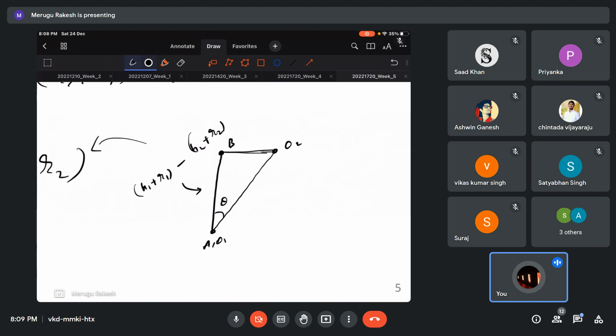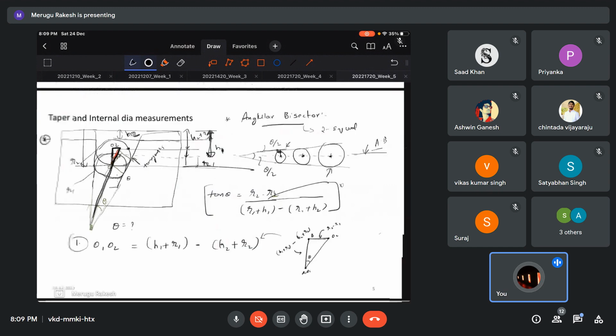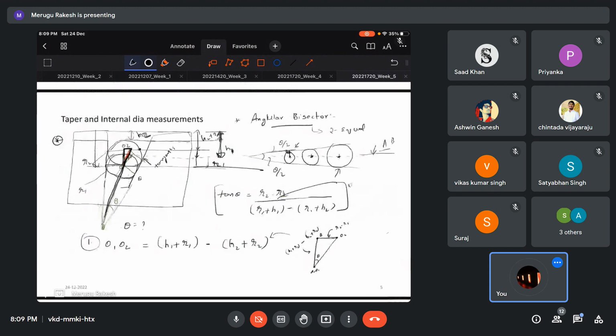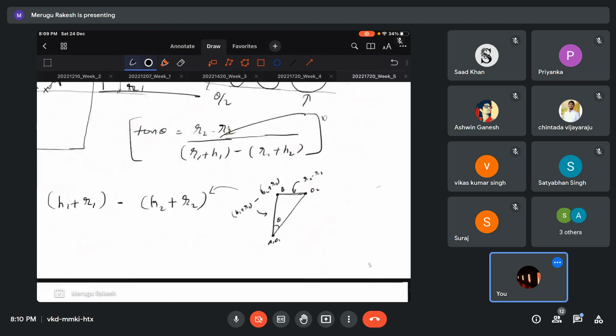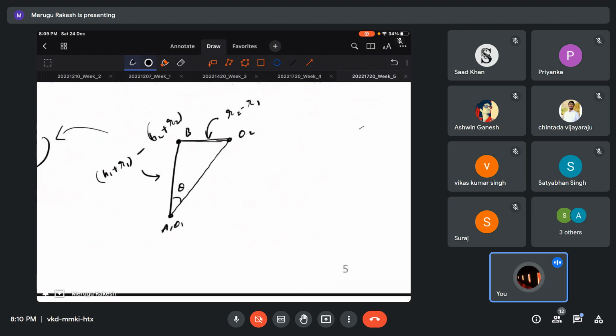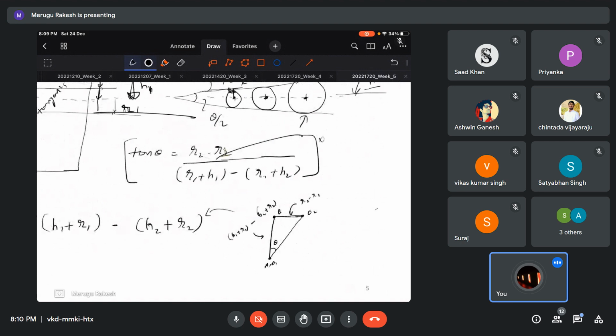So what would be this opposite side? Is it R2 minus R1? Yeah. So if you are confused, just draw a straight line here and here. It should touch the center line, so that the distance will be R2 minus R1. Okay. Then if you apply this tan theta, I think you will end up with this equation.